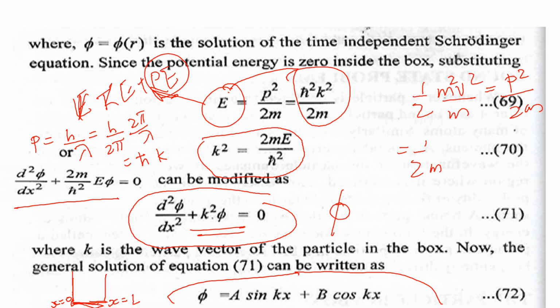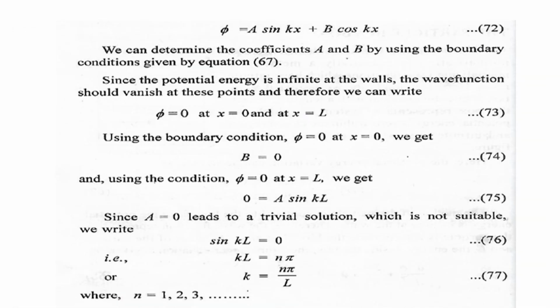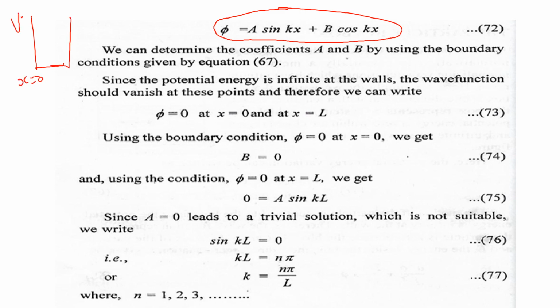Okay, so the expression phi equal to a sin kx plus b cos kx. Now applying the boundary conditions as we discussed. What are they? x equal to 0 and x equal to L. At x equal to 0, the value of the wave function is 0, and the wave function vanishes beyond this also.